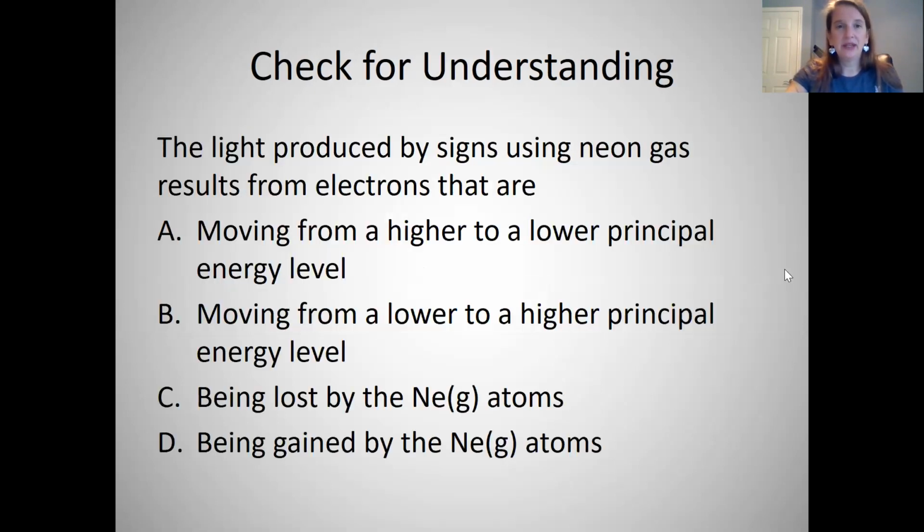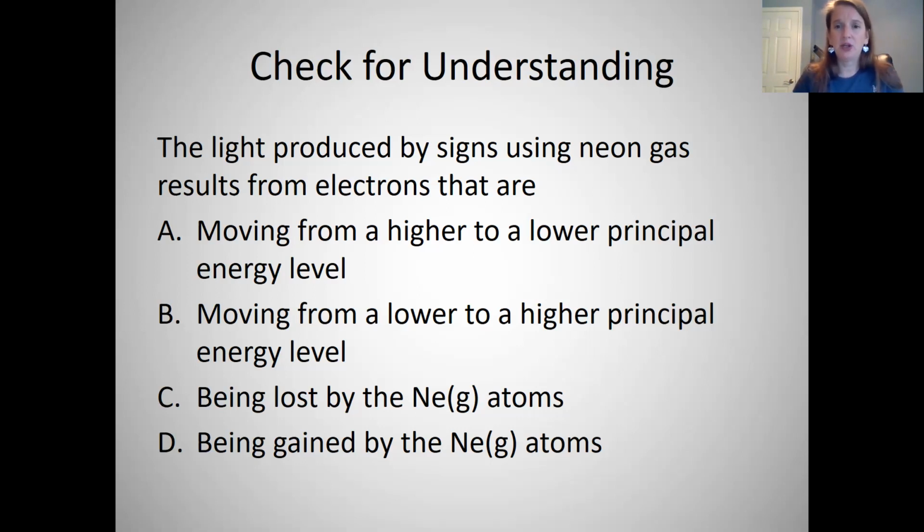Let's look at this one. The light produced by signs using neon gas results from electrons that are... okay, so light. Light is a form of energy. Light that we see means that energy has to be given off. The electrons have to be releasing this energy as they return to ground state. So letter A is our answer, moving from a higher energy to a lower energy, because if it's going from high to low, it has to give off and release that extra energy.